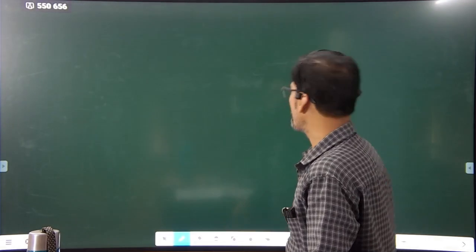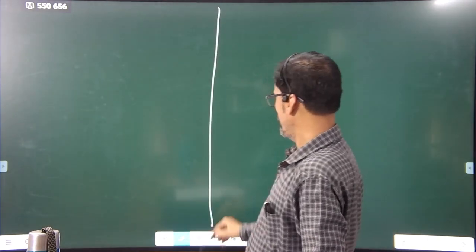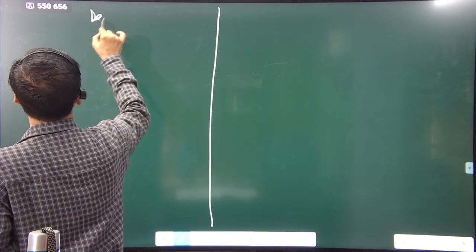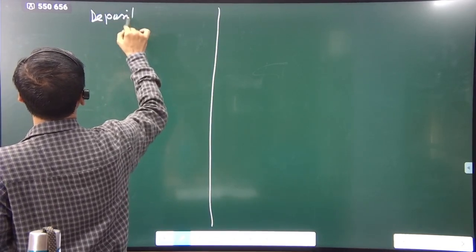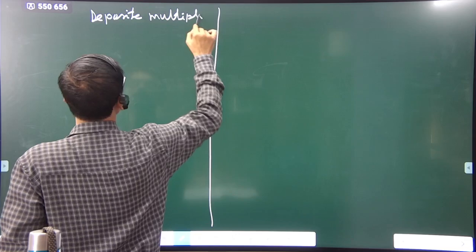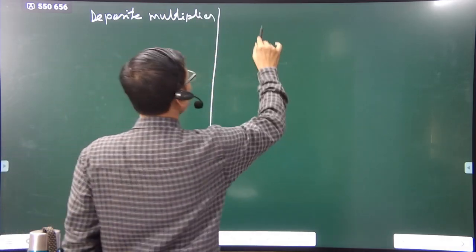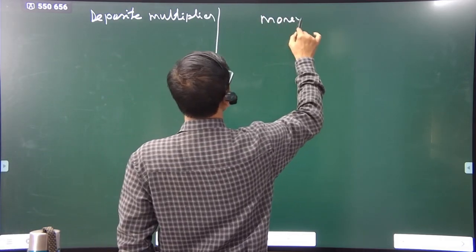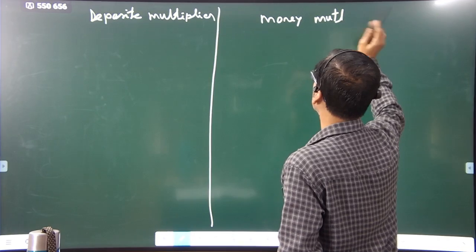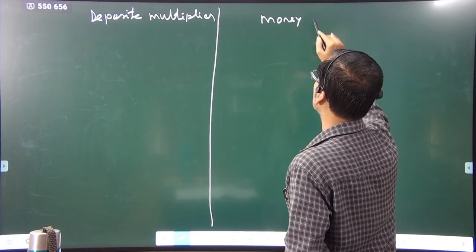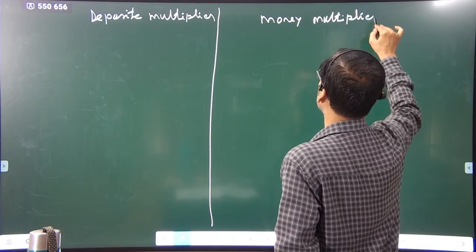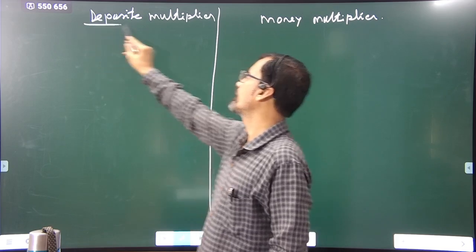So here, this one is the deposit multiplier and this one is the money multiplier. Deposit multiplier and money multiplier.